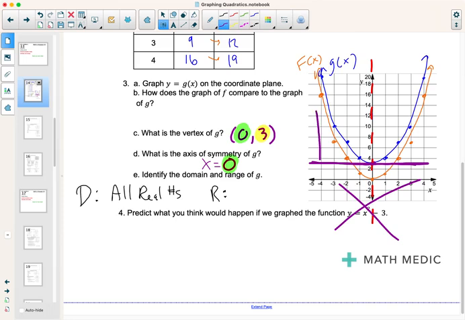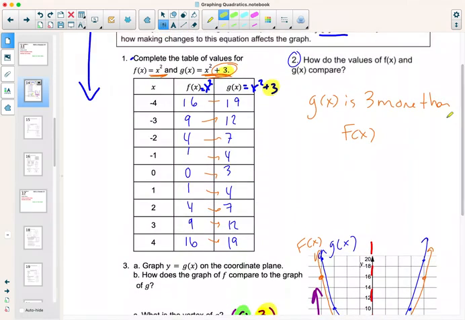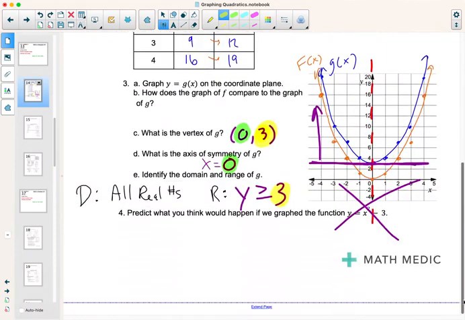It only exists above this line. That line is at 3. Range is always the y's, so y is greater than or equal to 3. Again, that 3 we have seen before. It's the same 3 as above in the original equation with g of x.